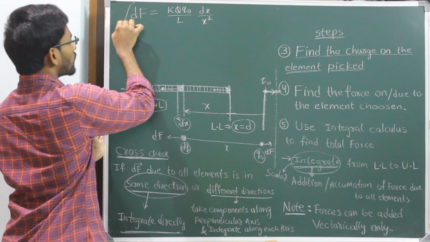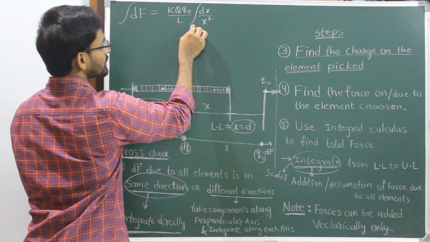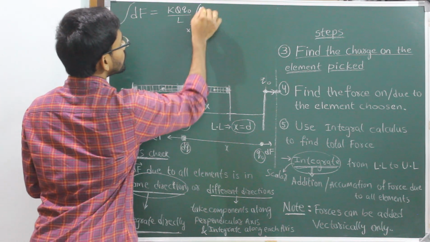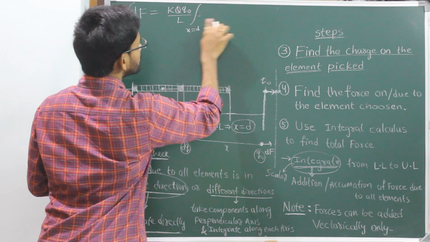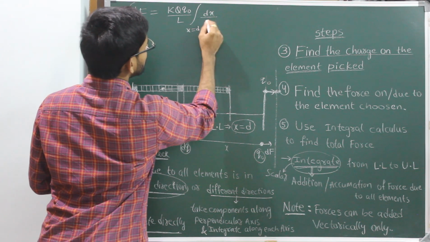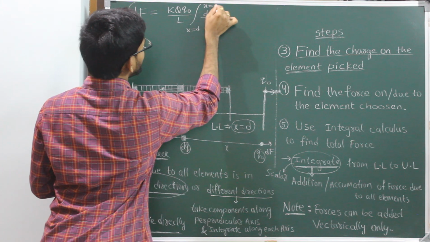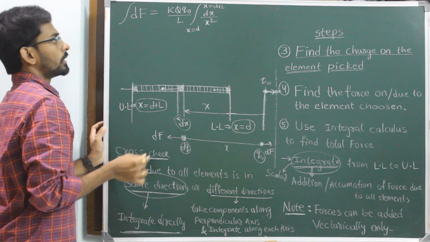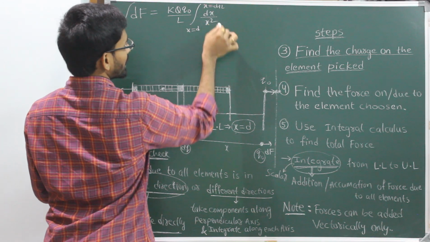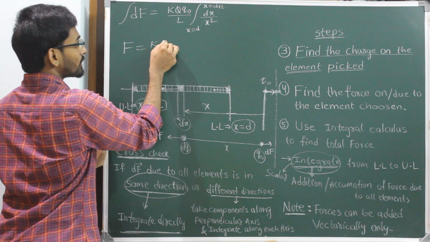So where to where you have to add the forces, accumulate the forces: from lower limit, that is x equals d, to upper limit x equals d plus L. Okay, so now we know the integration of 1 by x square dx is minus 1 by x.